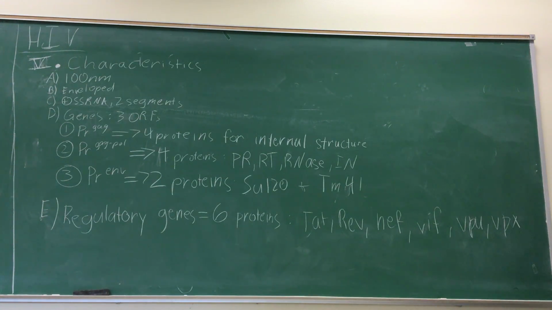It also has a gag precursor called precursor 55 gag, and this needs to be cut by a protease. Basically, it's a structural protein that needs to be cut by a protease. But that protease gene is in the pol gene instead of the gag gene like the other retroviruses.